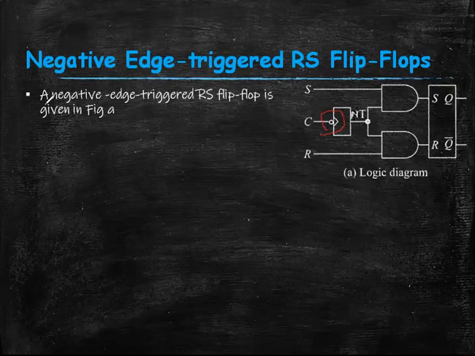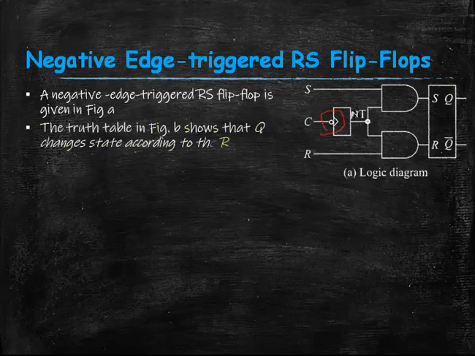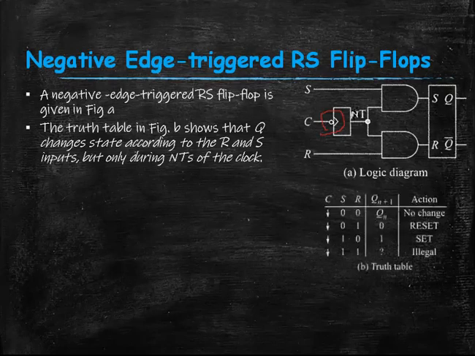Okay, it is a figure, that is here an extra small circle in front of the small triangle, and in the truth table the negative triggering is shown by a down arrow.